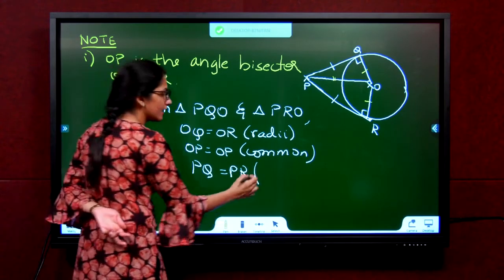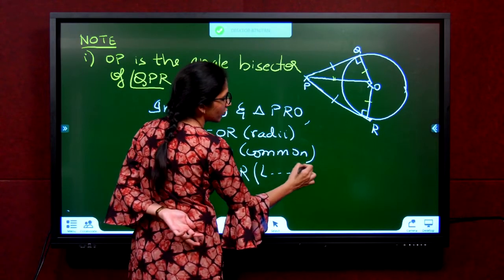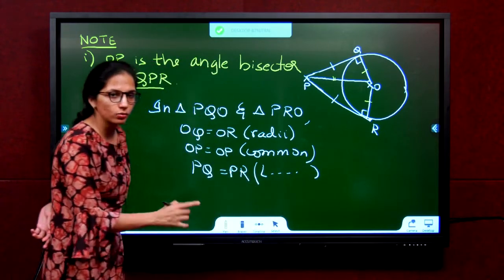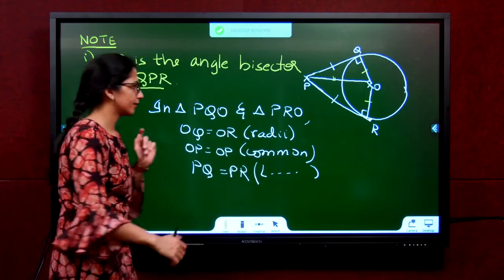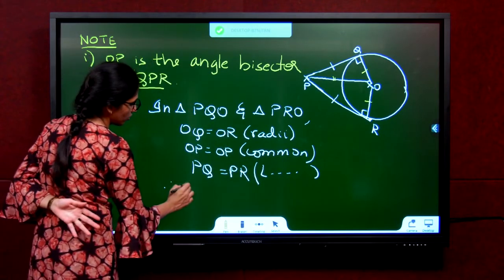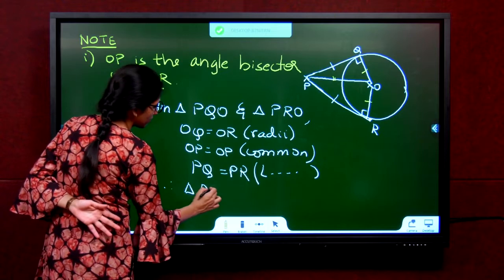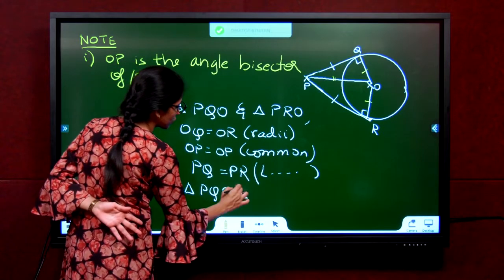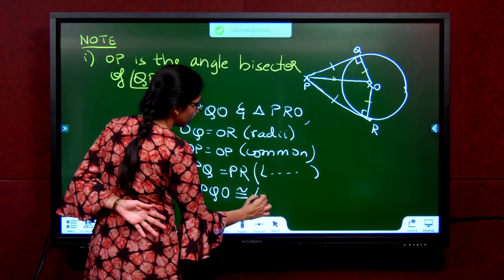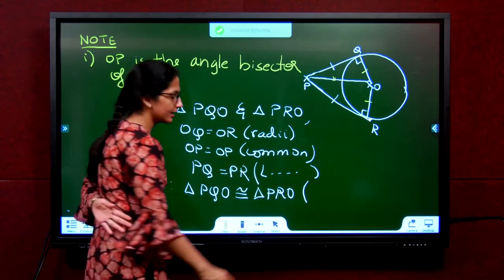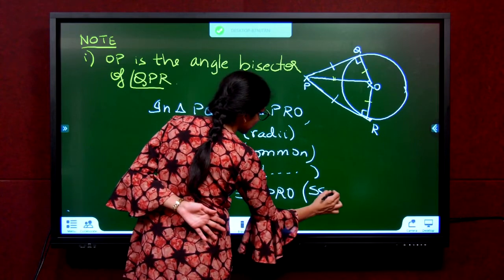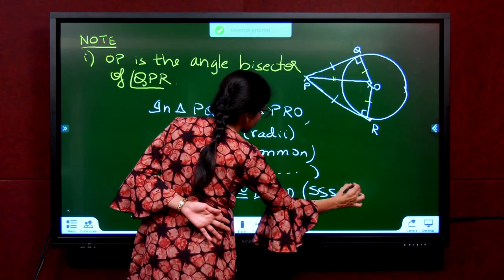What will you write? Length of the tangents from an external point are equal. You have to write that full theorem. Length of the tangent from an external point are equal. Therefore, triangle PQO is congruent to triangle PRO. Which congruency? SSS congruency.